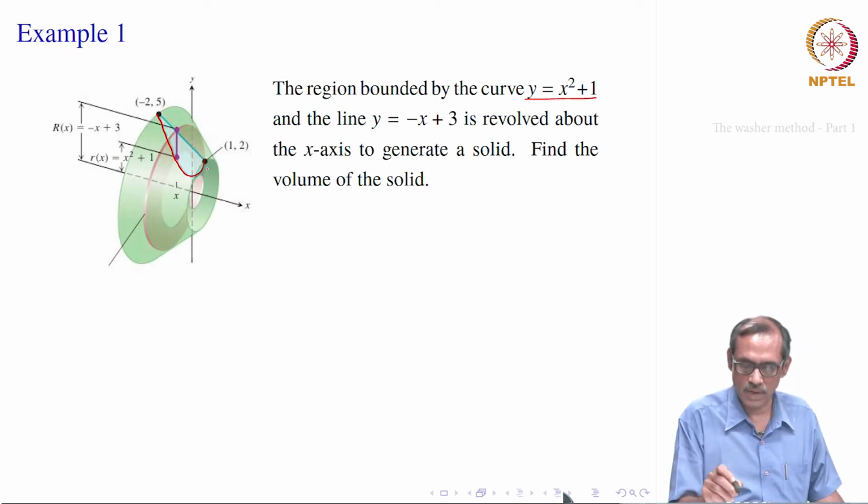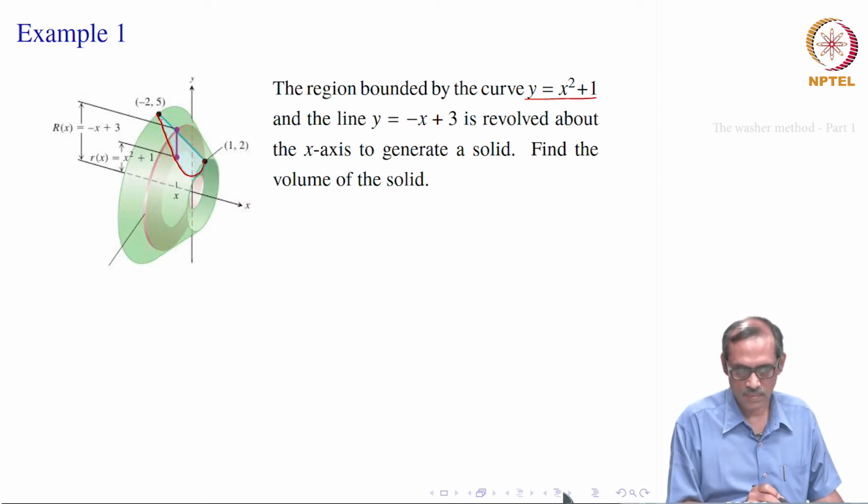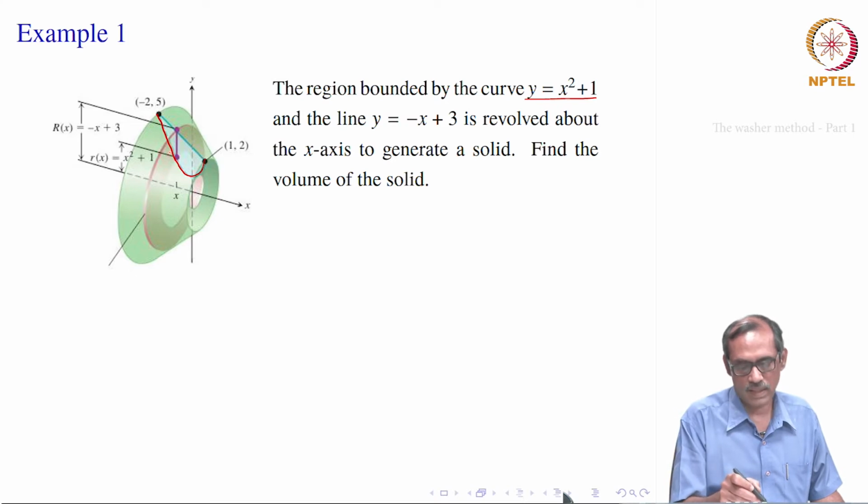First of all, they make a region, right, the region bounded by these two curves. That means it is assumed that they intersect somewhere at 2 points, and then a region is formed, and this region is revolved about the x axis. That is how you get the solid. Now, you want to find the volume of the solid.